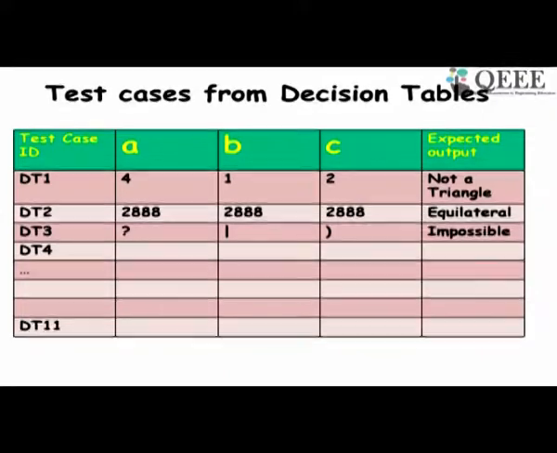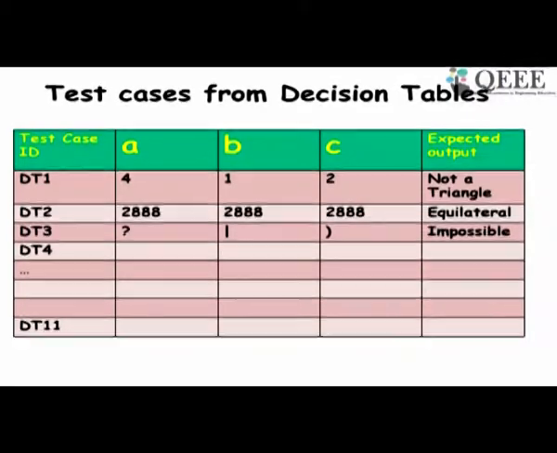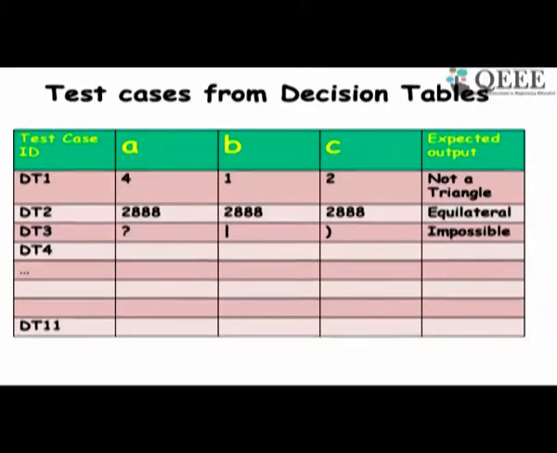If it is some illegal characters or non-numerical, we will say impossible. So these will form our test cases, decision table based test cases, DT1, DT2, etc.